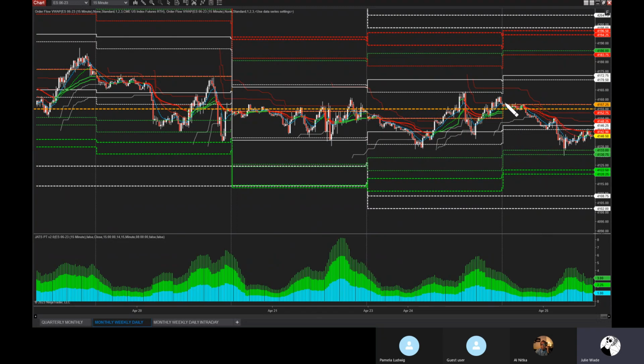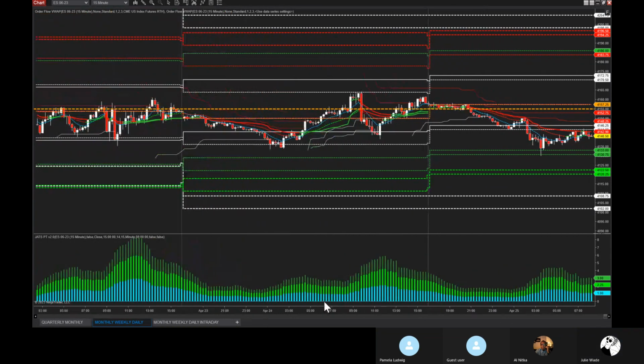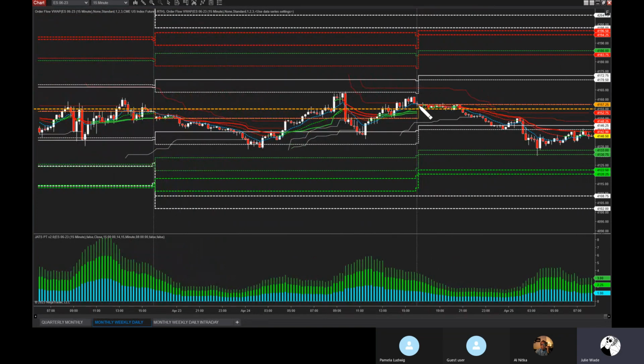So the opening of today's session was up here at the open. So if I go from the open right here to the low, something like that, 26.75 tip to toe.